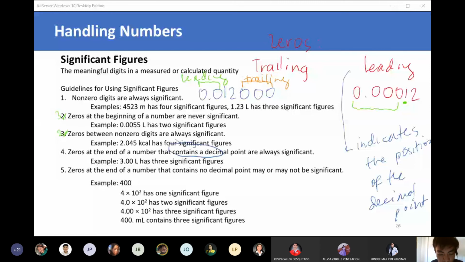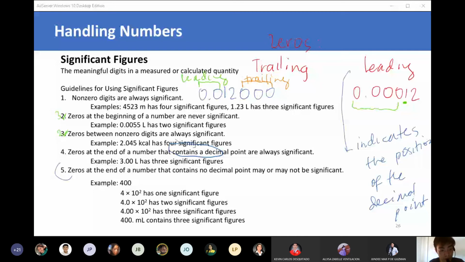That means trailing zeros are significant only if there is a decimal point. If there is no decimal point, they are not significant. Or they may be significant, in cases where we don't have a decimal point but we have trailing zeros, that's where rule number 5 comes in.